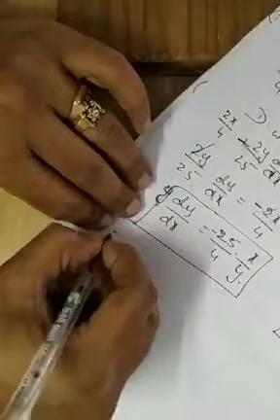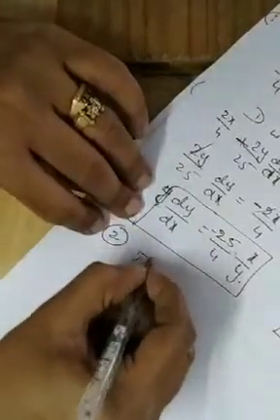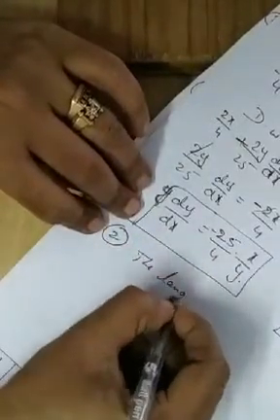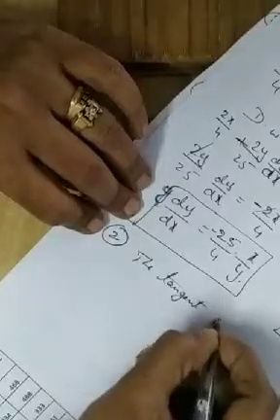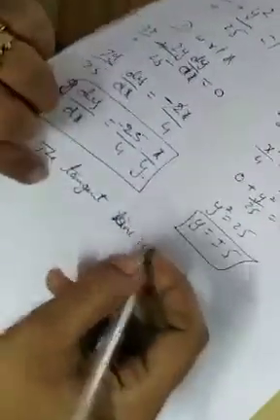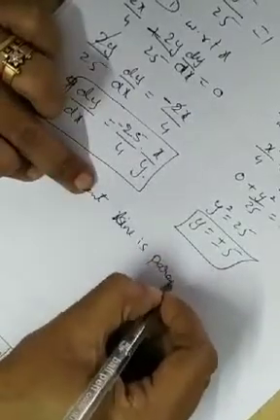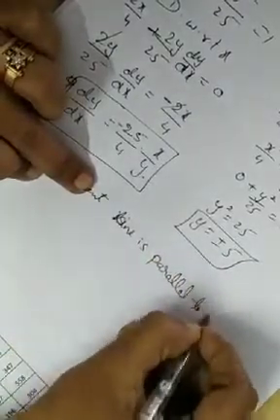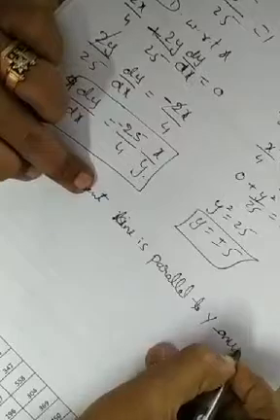What is the second condition? Second condition is the tangent of the line is parallel to y-axis.